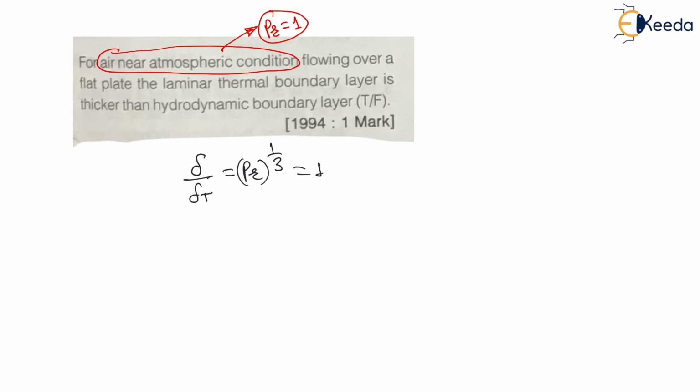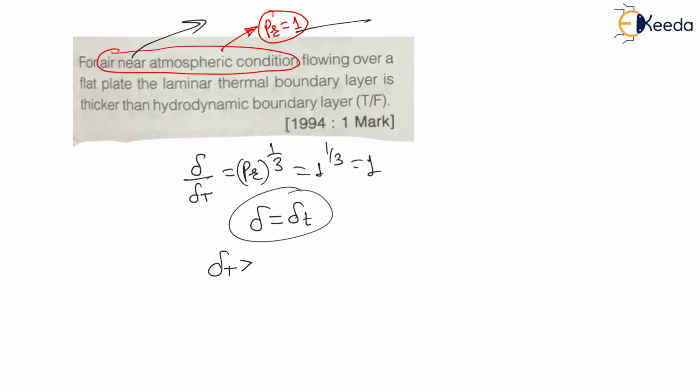Therefore it is equal to 1 power 1 by 3, which is equal to 1. Therefore generally hydrodynamic boundary layer thickness is equal to thermal boundary layer thickness if air is taken near atmospheric condition, that is, Prandtl number is equal to 1. Therefore here they are mentioning that laminar thermal boundary layer is thicker than hydrodynamic boundary layer, which is wrong. Therefore this statement is false.